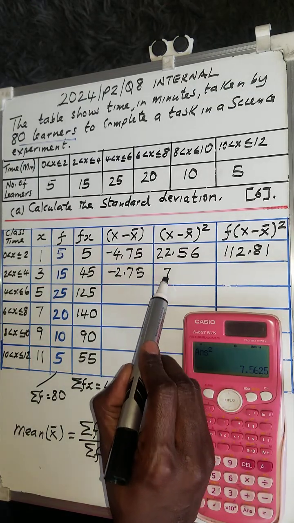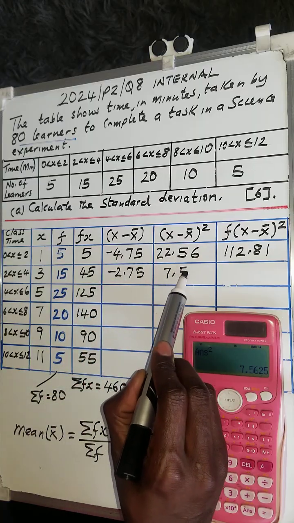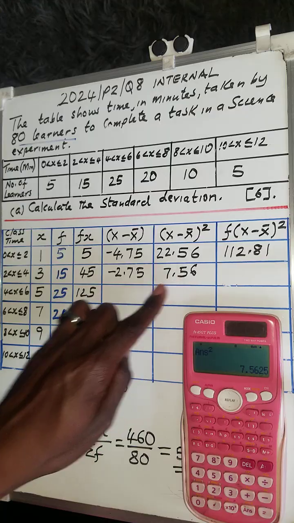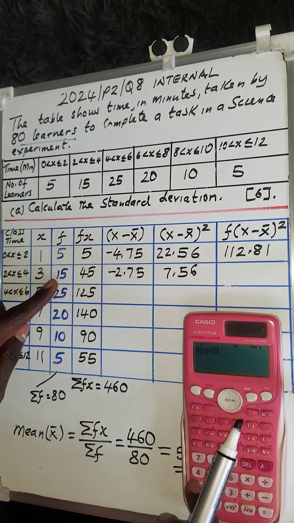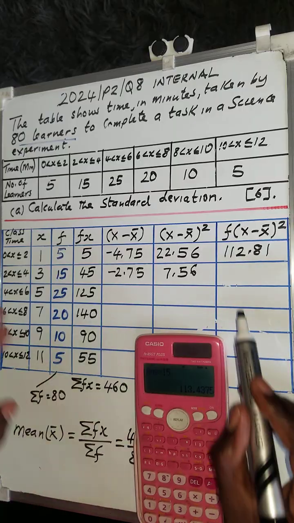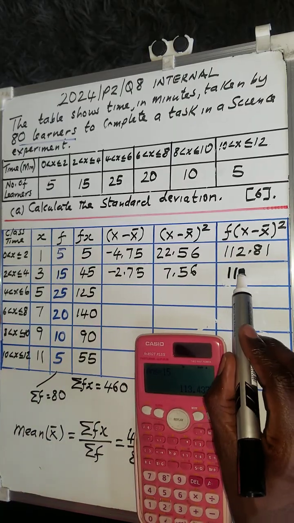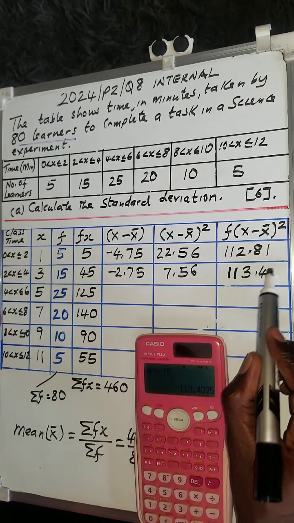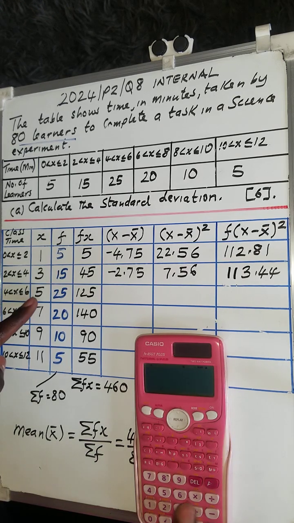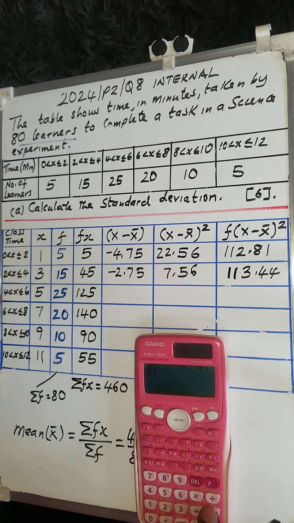It is simply giving me 7.56 to 2 decimal places. Then this value I get, you multiply by the frequency, which is 15 there. So when you multiply that to 2 decimal places, it is giving me 113.44 there.